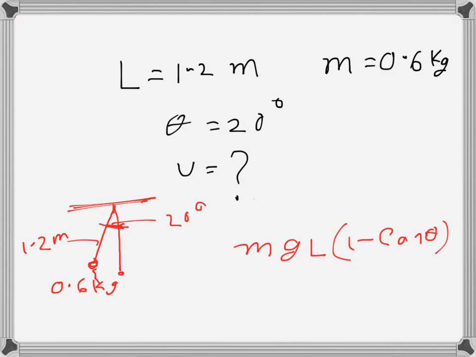This is the potential energy, and when it is fully converted to kinetic energy, that is given by half mv squared. That's at the position of maximum velocity, and that's what we want to find.